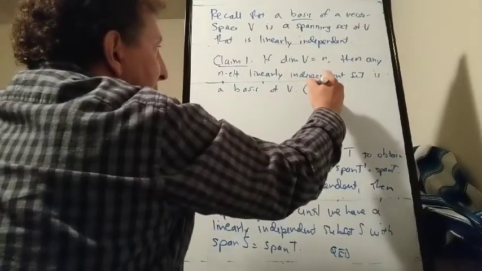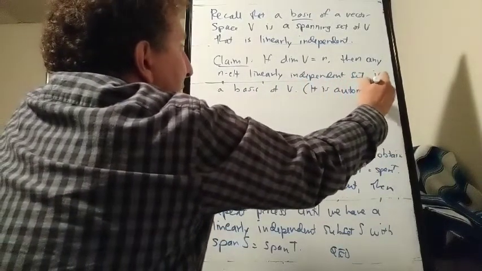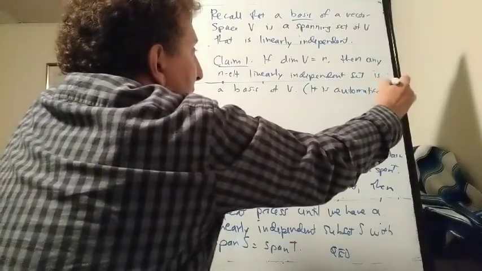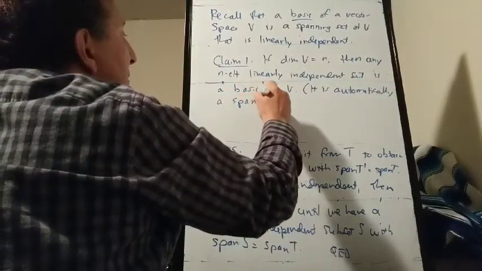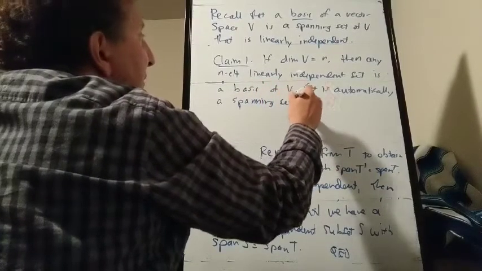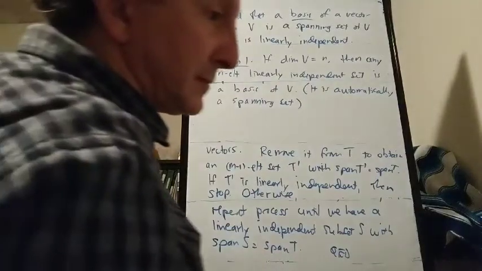So that is, it's automatically a spanning set, just because it has the right number of elements and it's linearly independent.